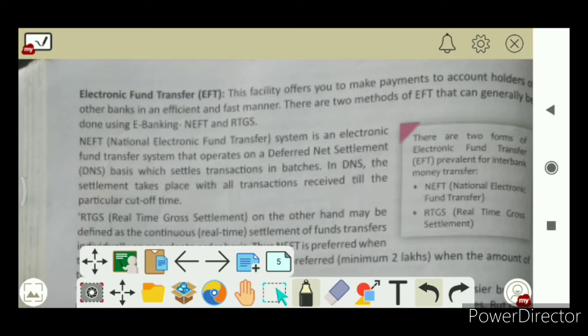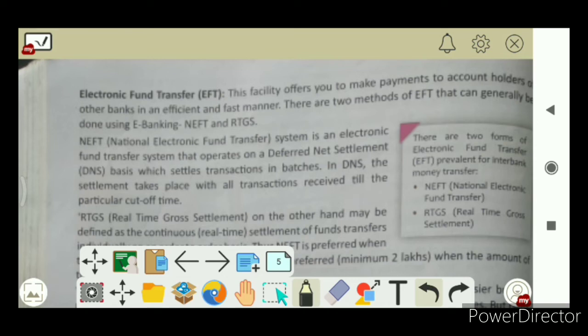These services are used when you transfer money from one bank to another bank. It means if the bank differs, you will have to use EFT, from one bank to another different bank.